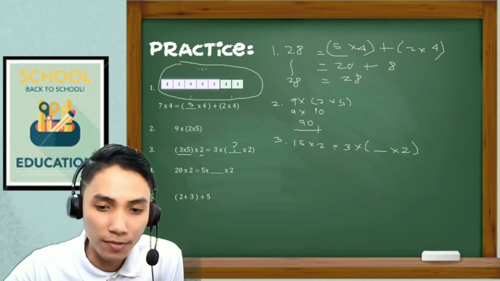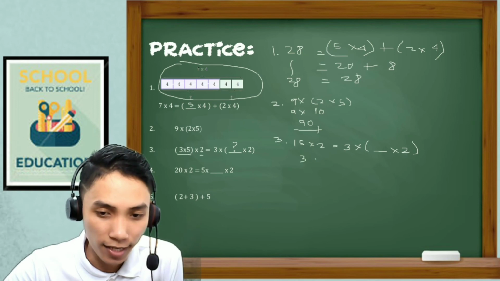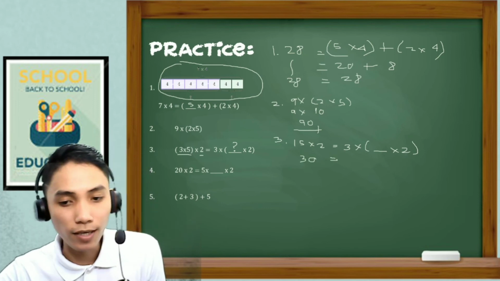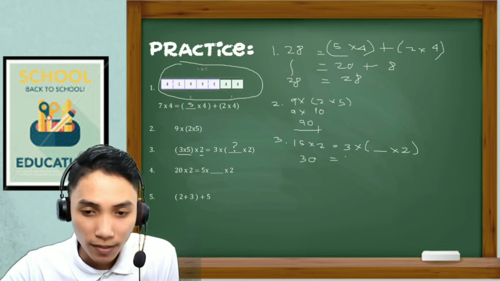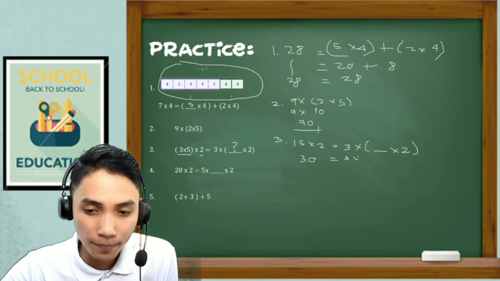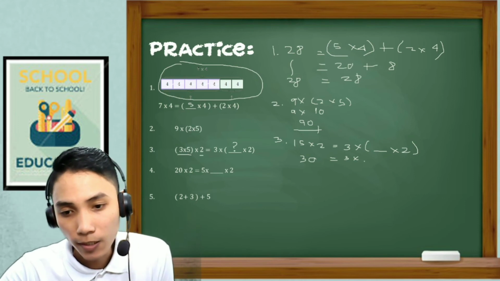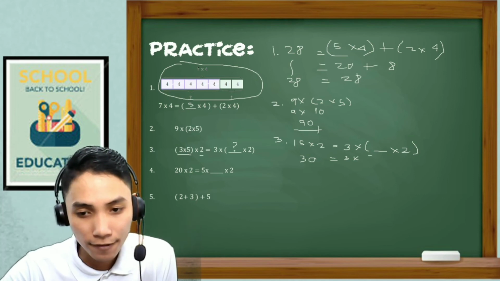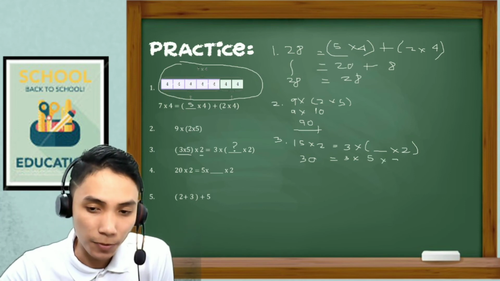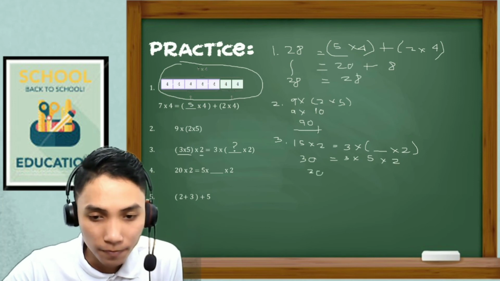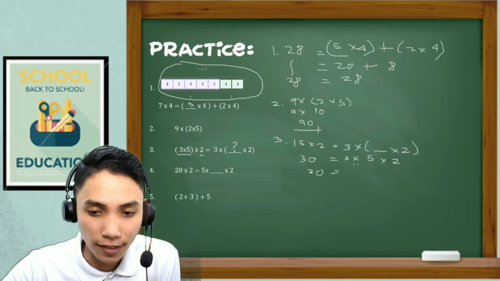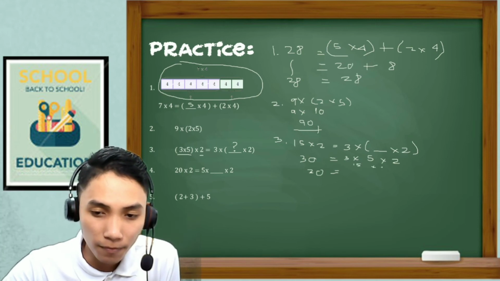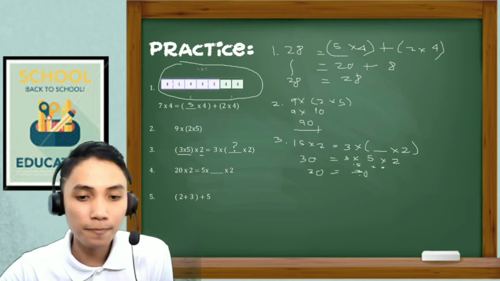So what number is missing here? 15 times 2, that is 30. So we have 3 times 5 times 2. 3 times 5, that is 15. 15 times 2, that is 30.